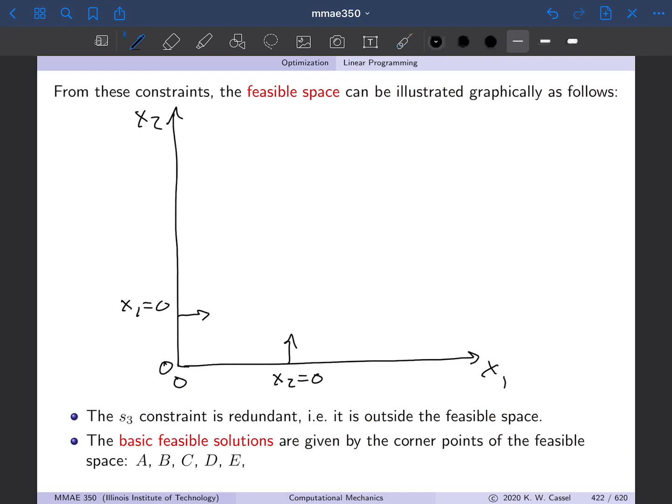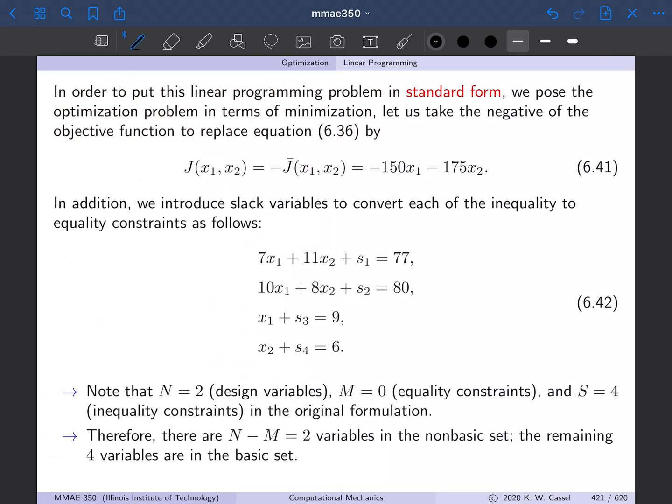If this is 10, say, then this will be 9. So we have that x1 can't be more than 9. So to the left of this, which corresponds to S3 is equal to 0, the feasible space has to be to the left of that.